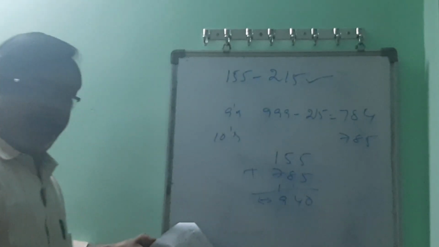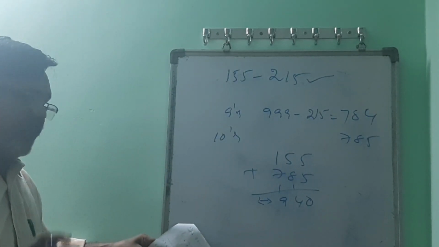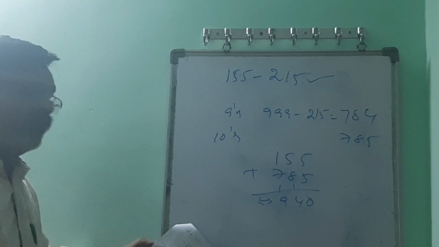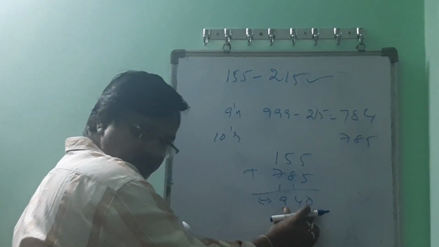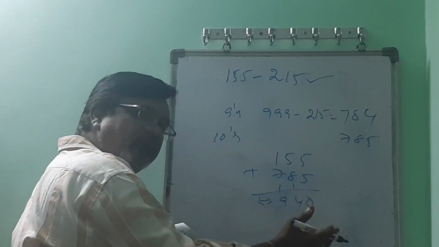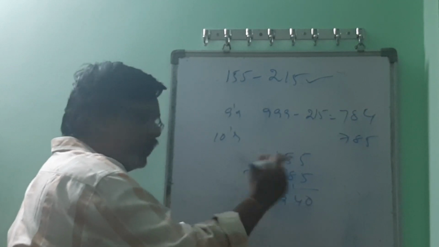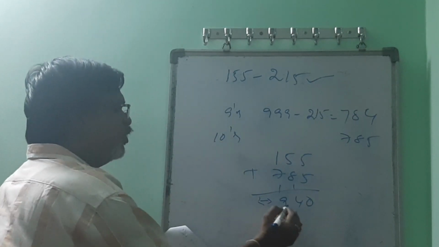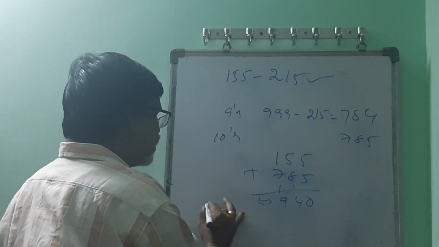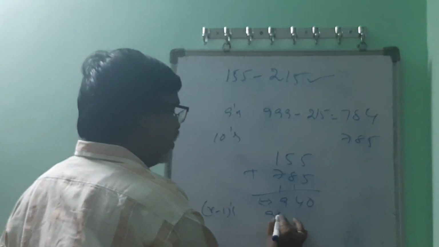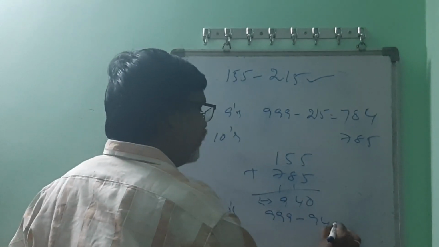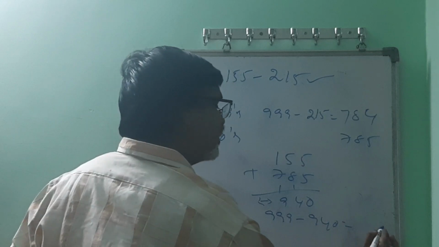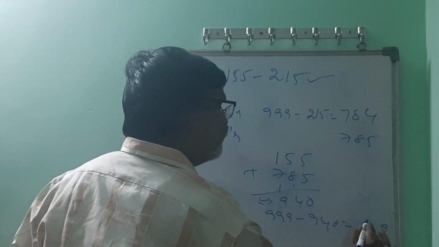There is no end carry or overflow. When there is no end carry, we consider it a negative value, and we need to convert it to its r's complement. The 9's complement of 940 is 999 minus 940, which is 059, so the 10's complement is 060.